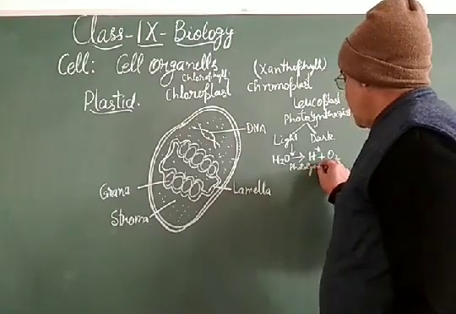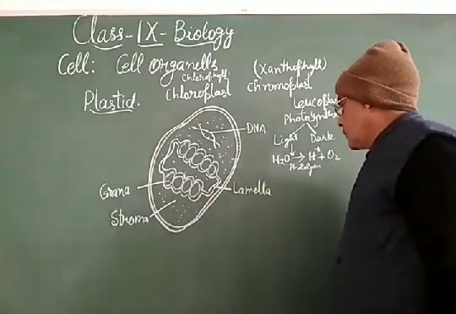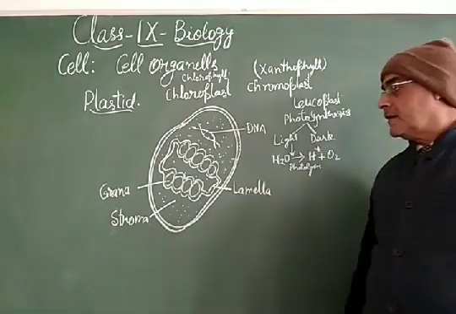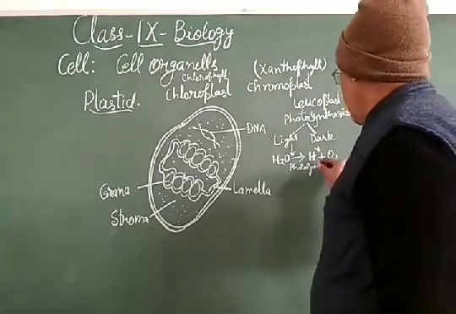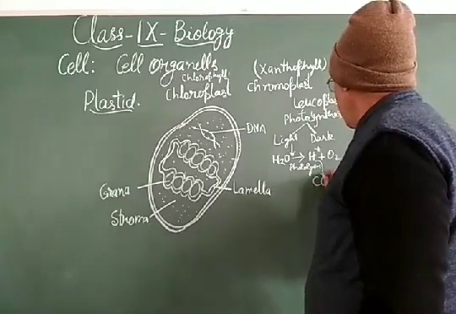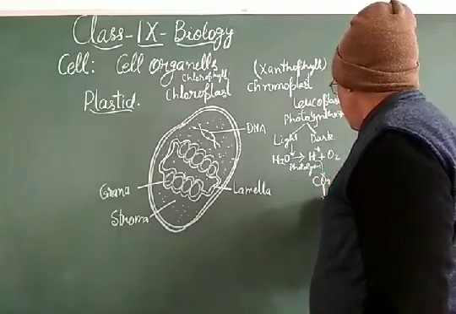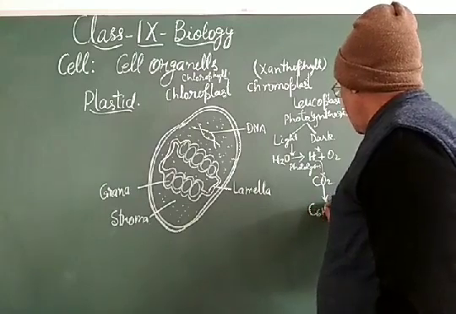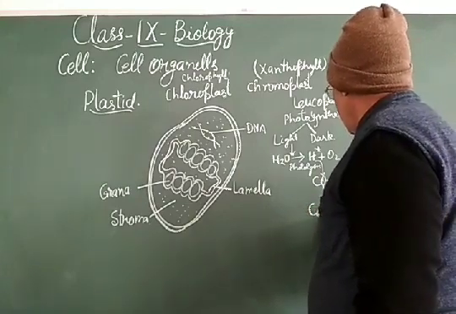So in the daytime, photolysis takes place, and many hydrogen ions are present during the daytime, and they combine with CO2 and form C6H12O6.